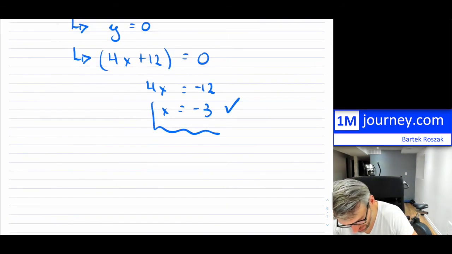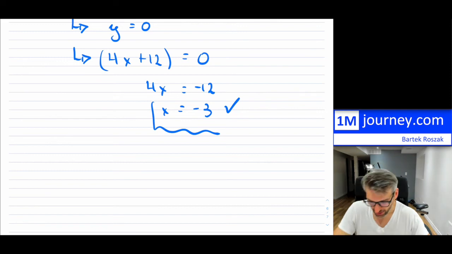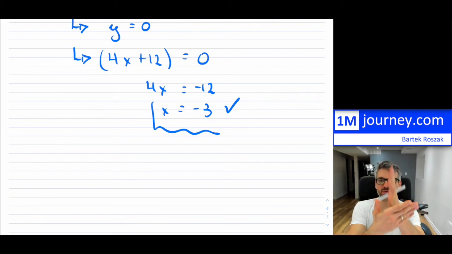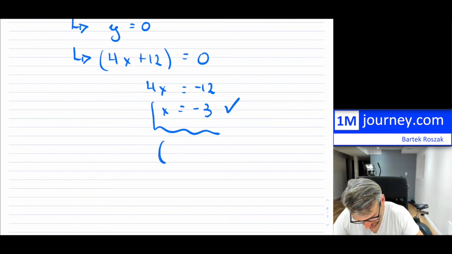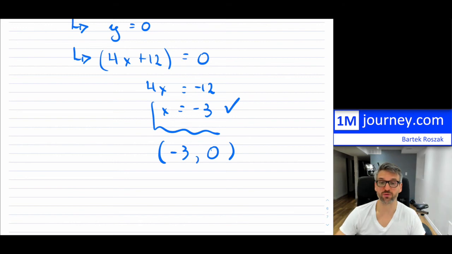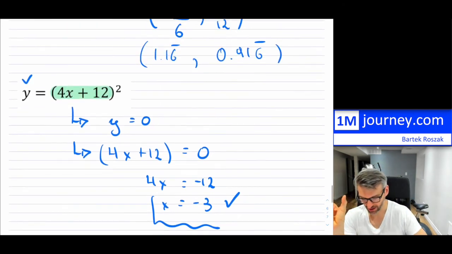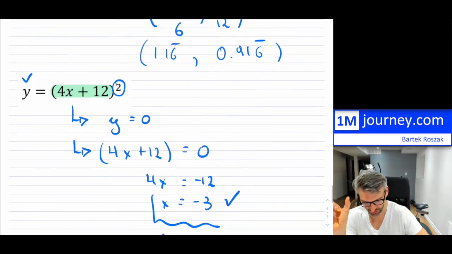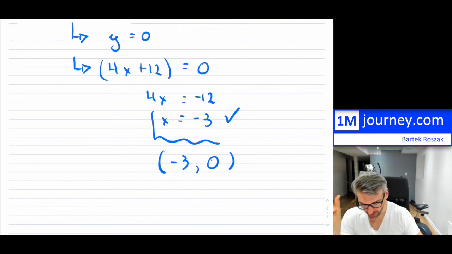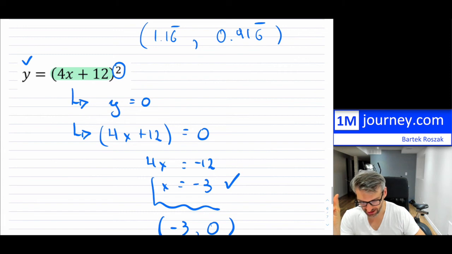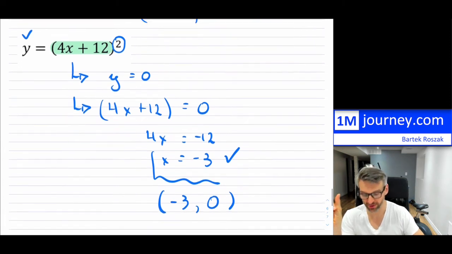So when it's a perfect square, the point is -3, 0, right? And there are 2 of them happening because it's a perfect square, so there are 2 of those zeros, but they're identical. Notice that if you would expand this, the a would have been positive.